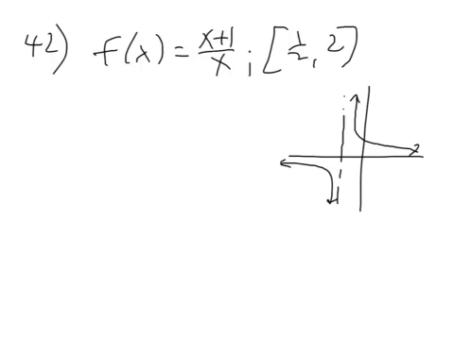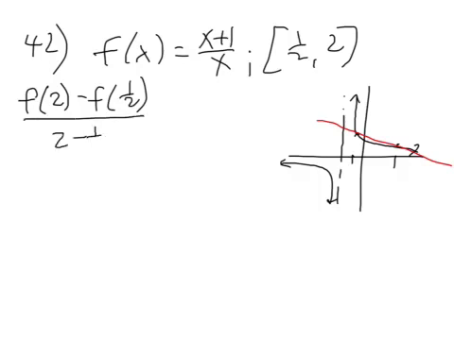So from 1/2 to 2, you can kind of see what that is going to look like. Something like that. So we want to figure out what is the slope there. Looks negative at least. Let's find the slope. So the average slope, again, would be f at 2 minus f at 1/2 over 2 minus 1/2.